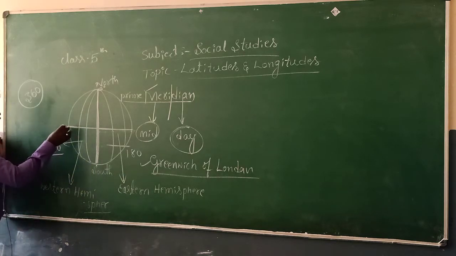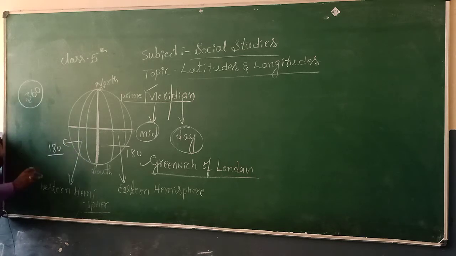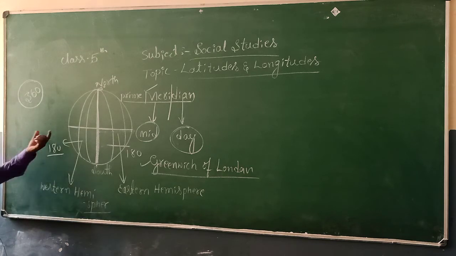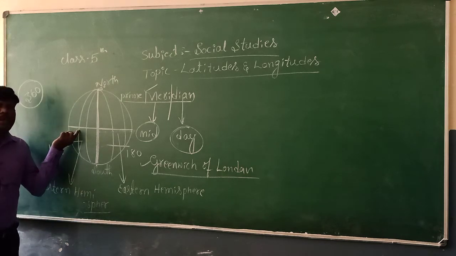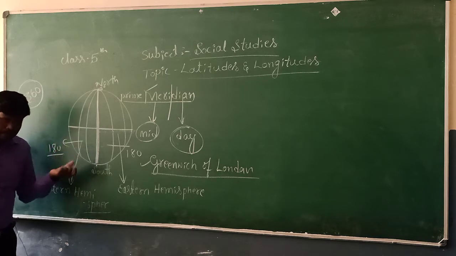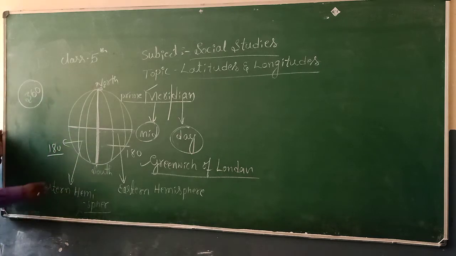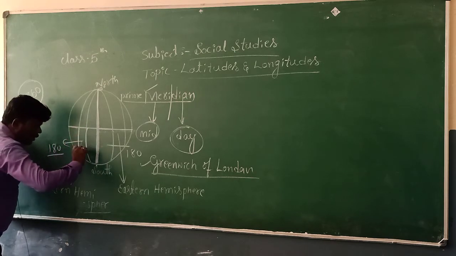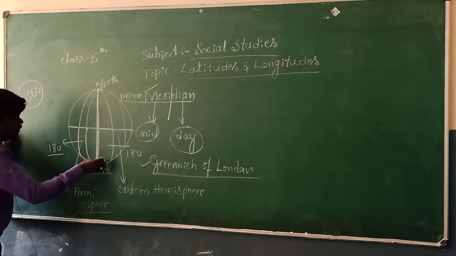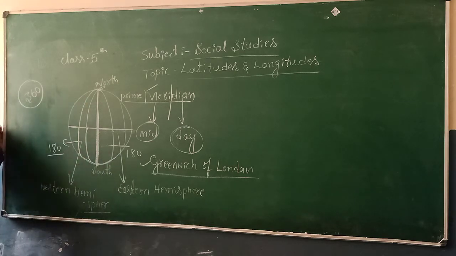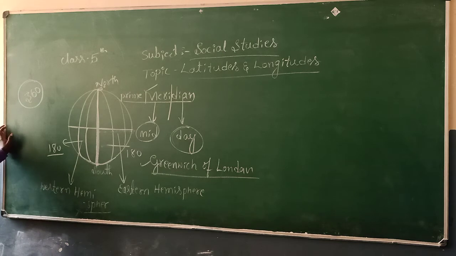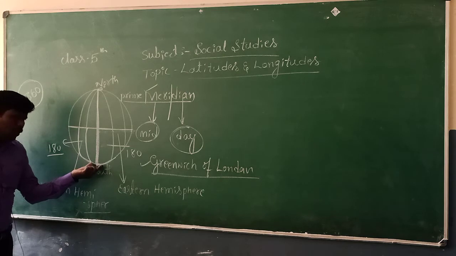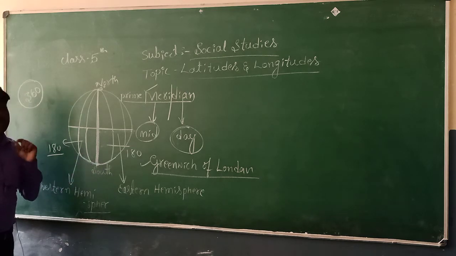The distance between one longitude and another is large at the equator, and this distance decreases as they go and join at the poles. They curve at the poles, so the distance decreases.